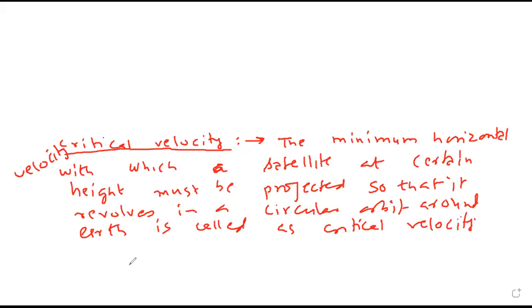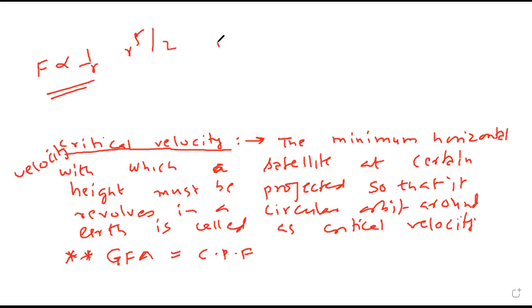Now, since the satellite is performing circular motion, the gravitational force of attraction must become the centripetal force, then only it will perform a circular orbit. Whatever force is given, you have to equate that the force provides the necessary centripetal force for circular motion. Sometimes they will say a force of 1 by r, or r raised to 5 by 2, or anything, but that force must become mv square by r.